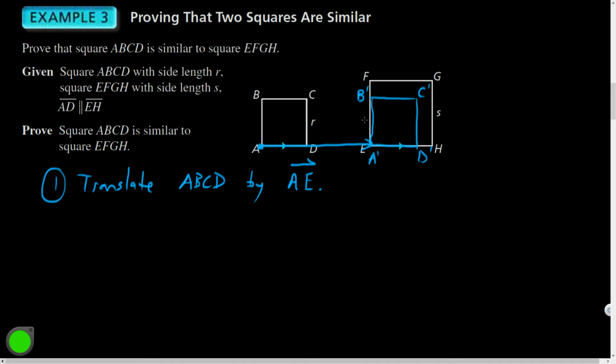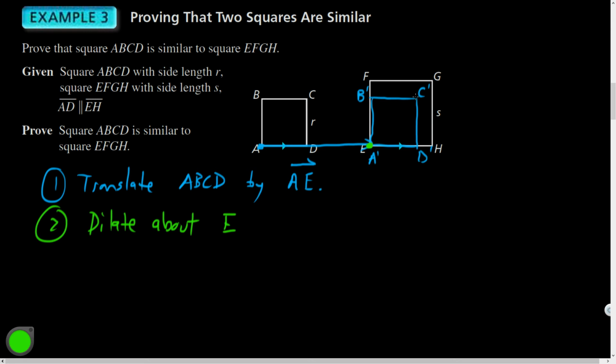All right, what do you think? Now, how could I get this blue square to be EFGH? Dilate about what point? Yeah, about E, right? So I want to use this as my point of reference.